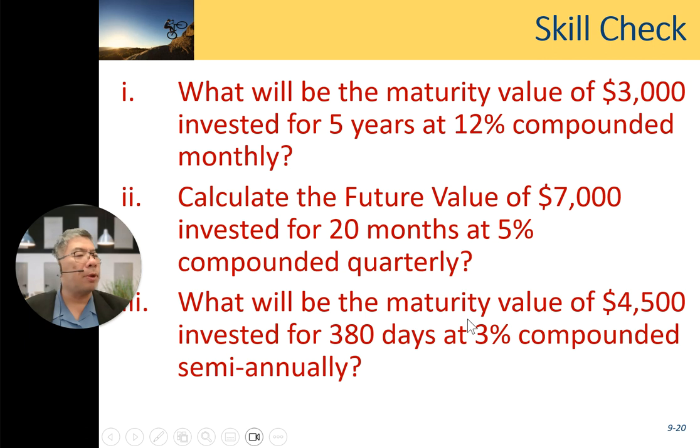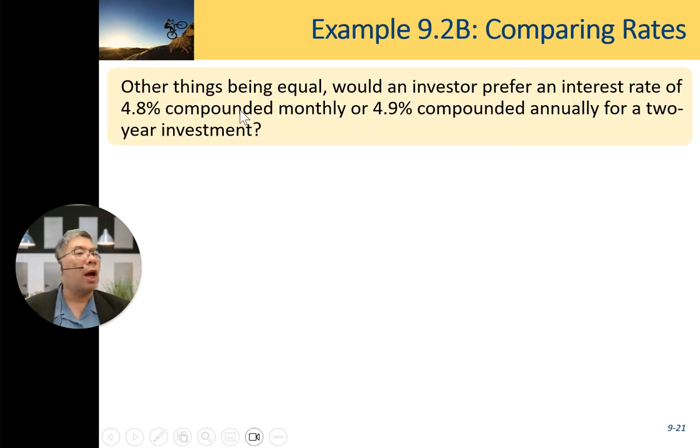Number 3: what will be the maturity value of 4,500 invested for 380 days at 3% compounded annually? The answers are at the back side of the presentation. Number 1, the answer will be 5450.09. Number 2, 7604.40. Number 3, 4641.69.